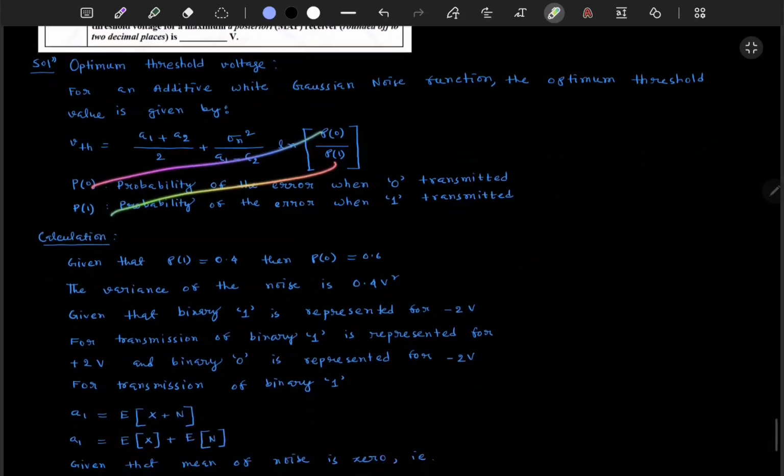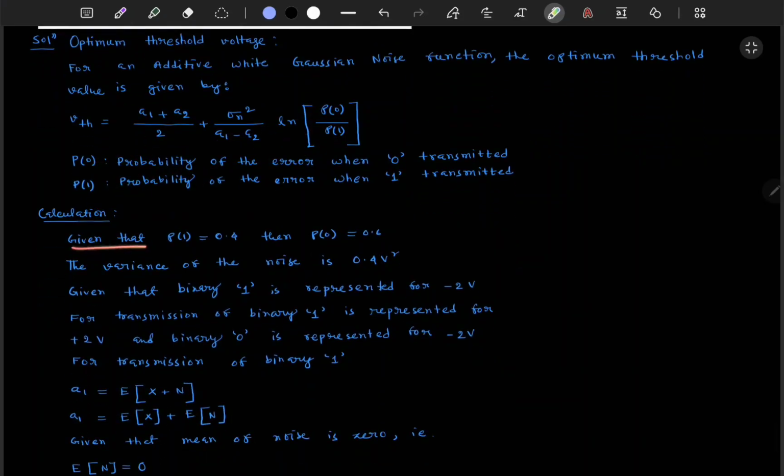P1 and P0 are already mentioned in the question, and the variance of the noise is this one.